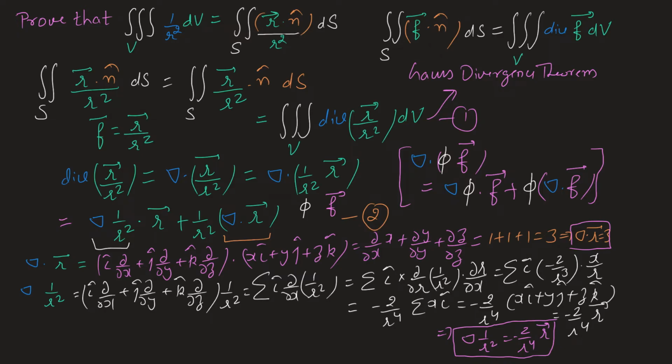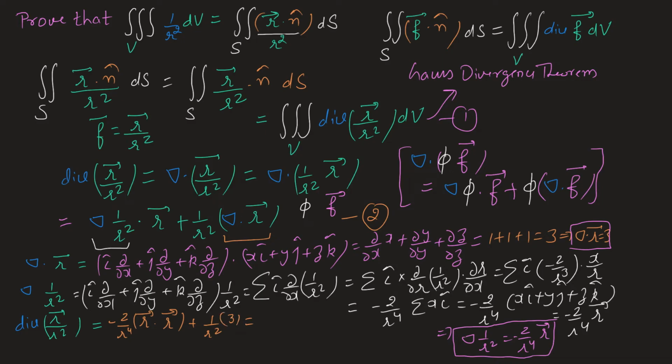What we will get is the divergence of r by r square equal to minus 2 by r to the power 4 times r vector, dot r, plus 1 by r square times del dot r, which we have calculated as 3.